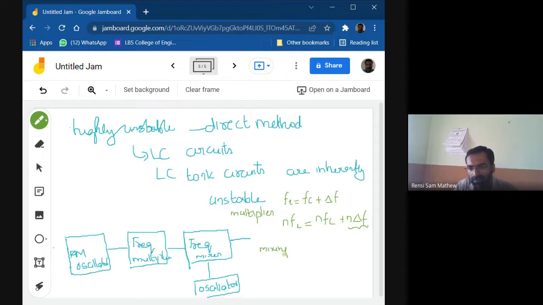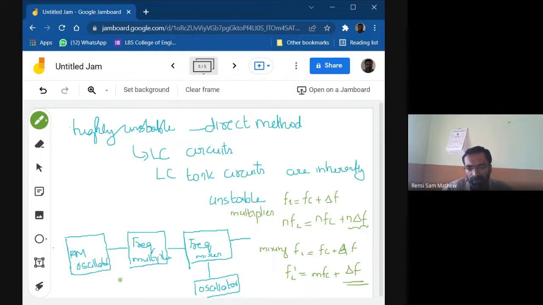Mixing means fi is equal to fc plus delta f, and when you change it, fc will be changed to some other value, but the frequency deviation will not change.